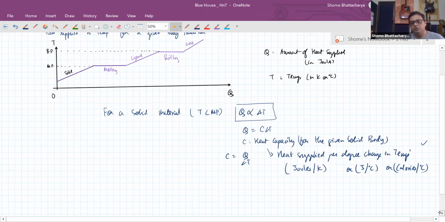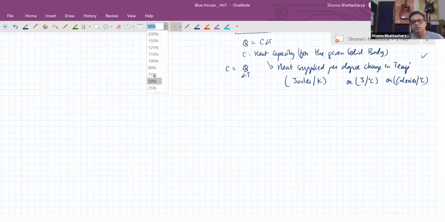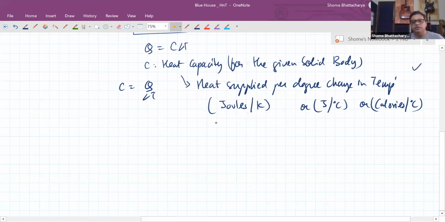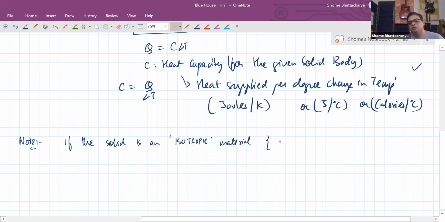Okay, now the next important thing is that if the solid is what we call a homogeneous solid or an isotropic solid, that is, it's made of one material, that means it is homogeneous. It's not a mixture.